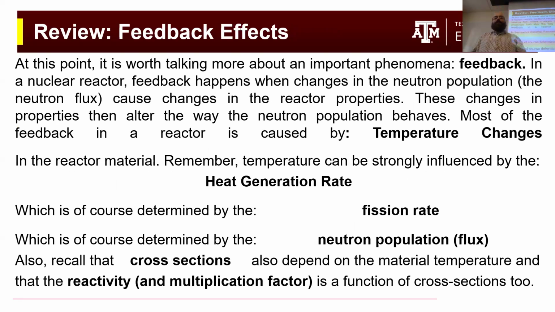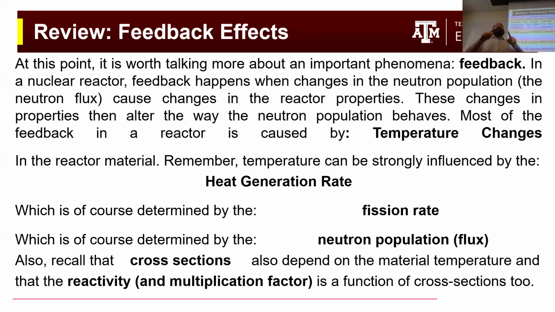When we talk about the point kinetics equations, they don't factor in feedback effects. Feedback is a phenomenon that happens because, if we make some change to our system, like removing all the control rods from our reactor so that the power starts going up, the temperature of our reactor is going to start going up. At a certain point, that can't go on forever.